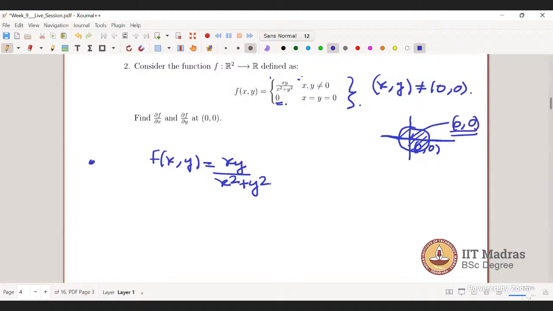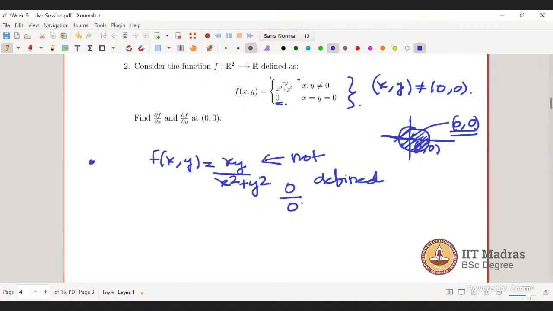At the origin this is not defined because it is 0 by 0. So if the function matches with the value in this complete region, then actually you can apply that trick.